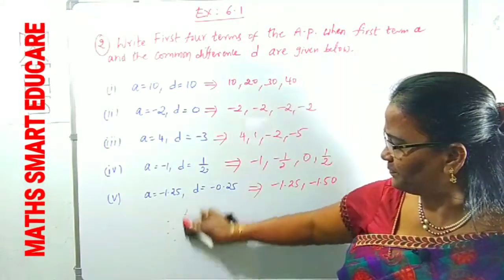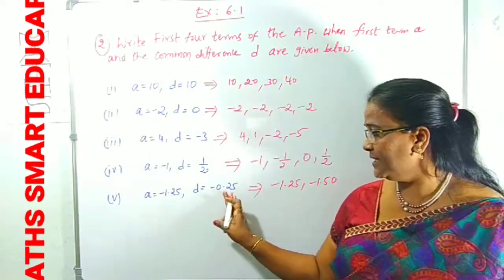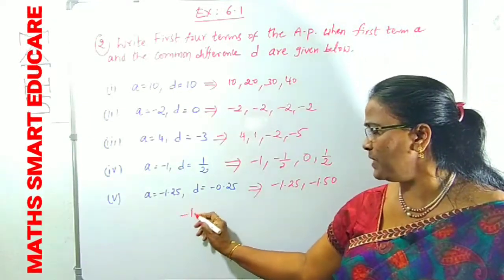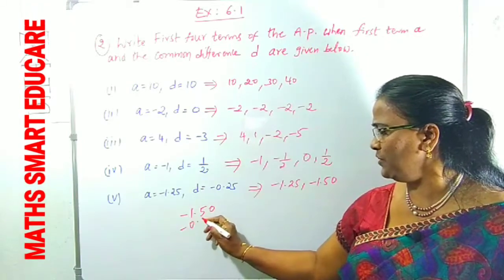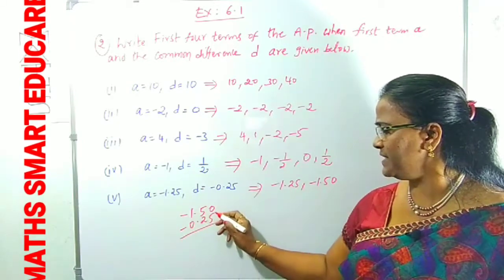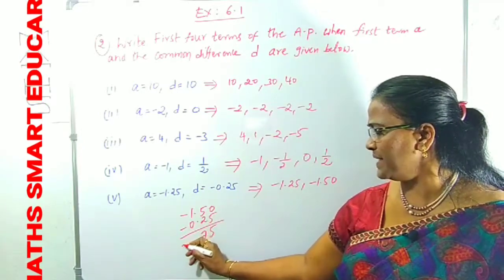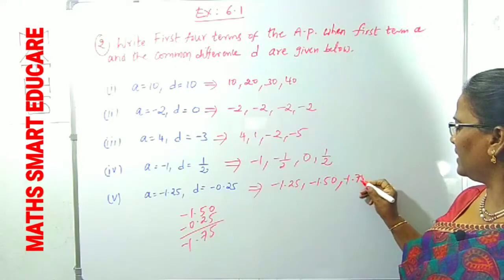Next, what is the next one? For -1.5 we should add -0.25. -1.50 minus 0.25: adding these, 5 plus 2 is 7, and with the minus, -1.75, right?